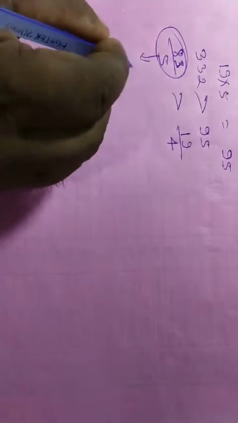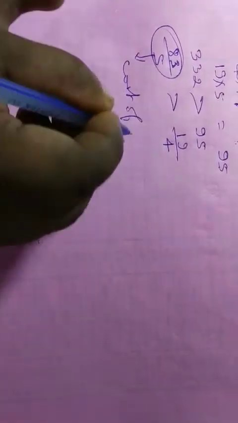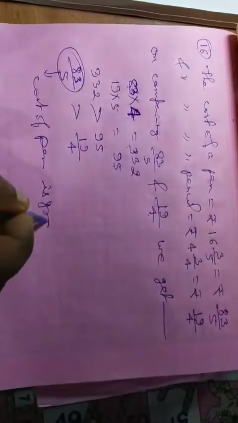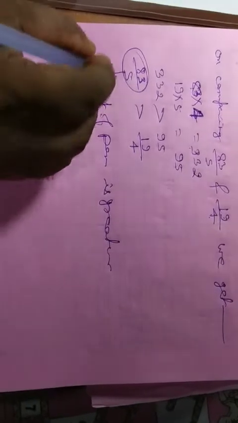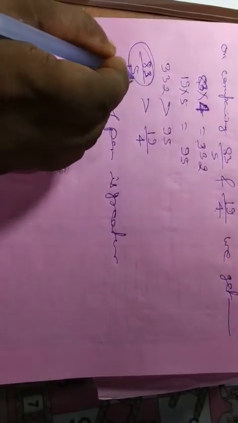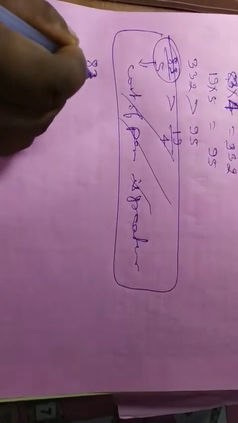This is the cost of the pen. The cost of the pen is greater, students. This is also only for understanding. Just write clearly here, not here. This is also only to make understanding easier.